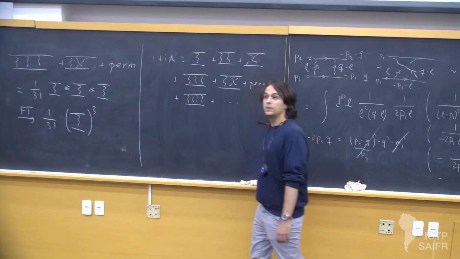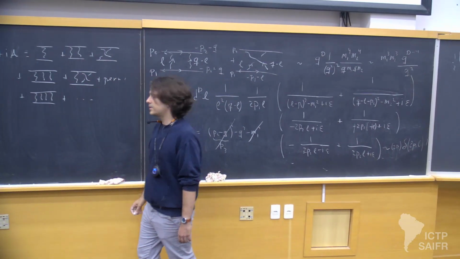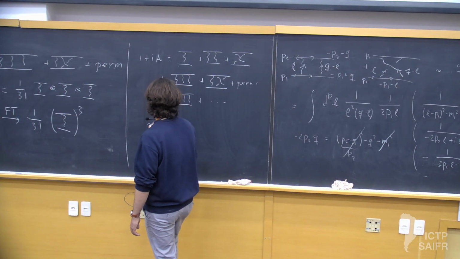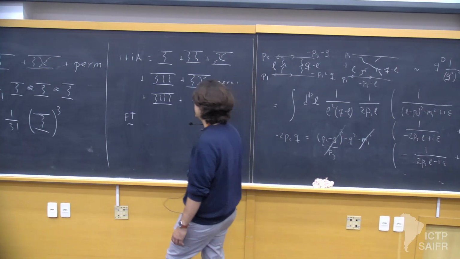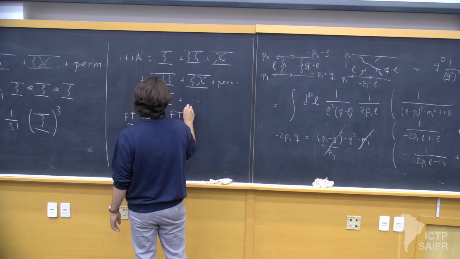I would need to go to all loop orders, but then if I expand these diagrams at leading order, I would find that this rearranges in position space, so after the Fourier transform, as just the exponential i times the Fourier transform of the tree.